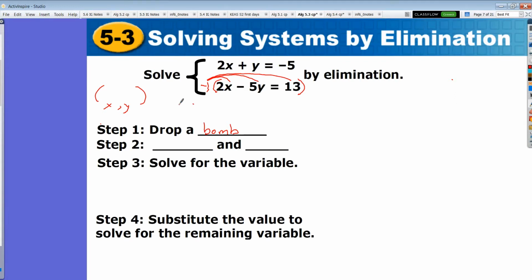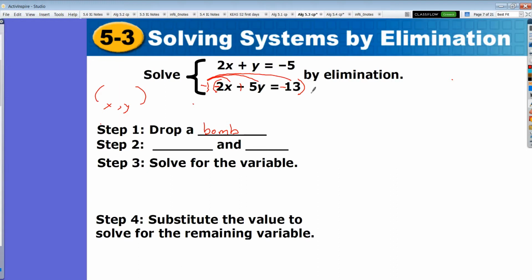If you multiply stuff by -1, it basically just makes everything the opposite of what you see. So -1 times 2x is going to make that -2x. -1 times -5y is going to make that +5y. And -1 times 13 is going to make that -13.